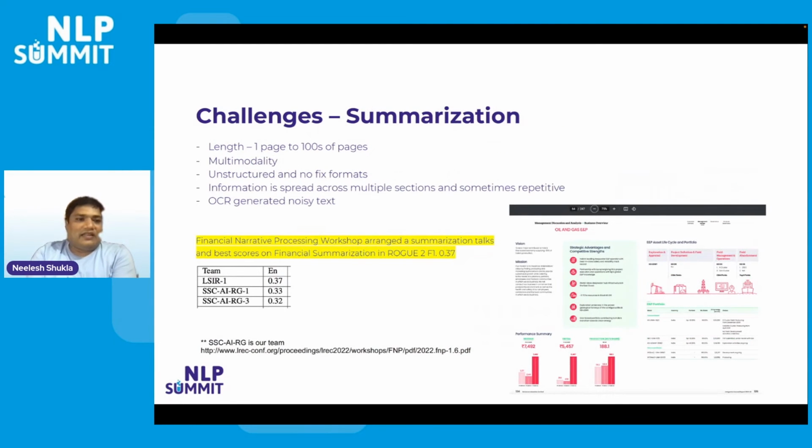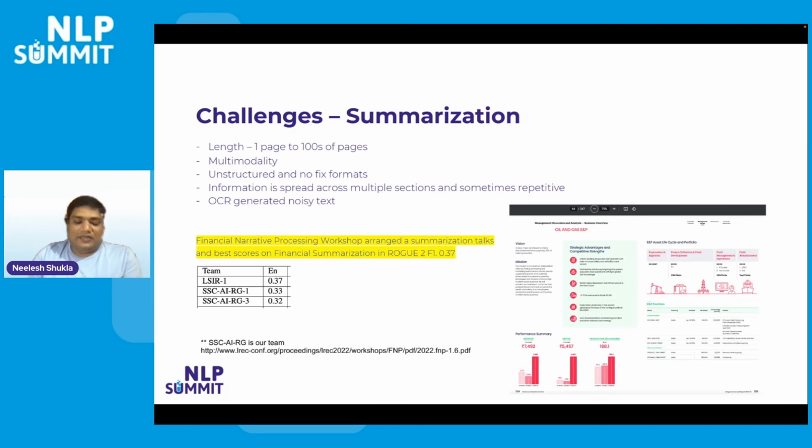A similar challenge, which is information abstraction, which comes by the nature of these documents, we also face the same problem with summarization. I'm presenting an example which we already attempted in LREC 2022, where we were given annual reports, which were hundreds, even 200 pages.